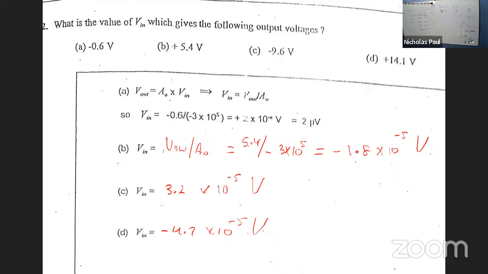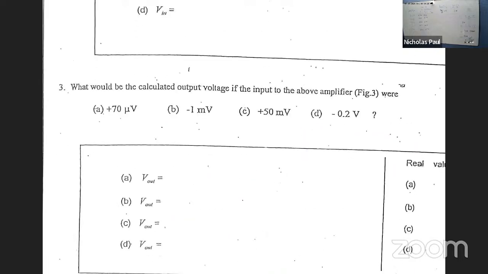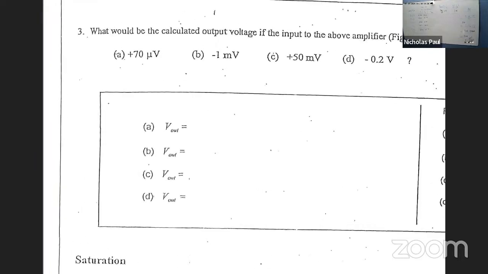What do you see here? What is the next set of values here? Work out those please. Same game. Same open loop gain.